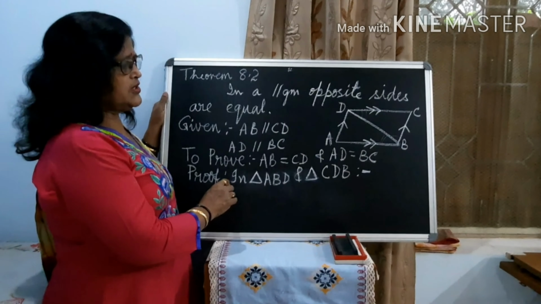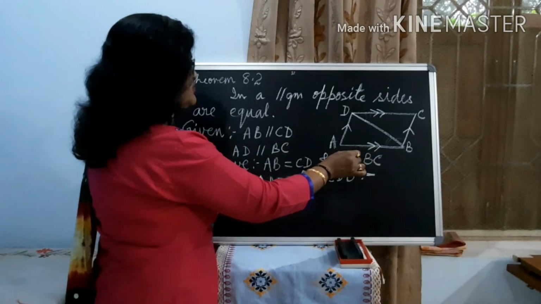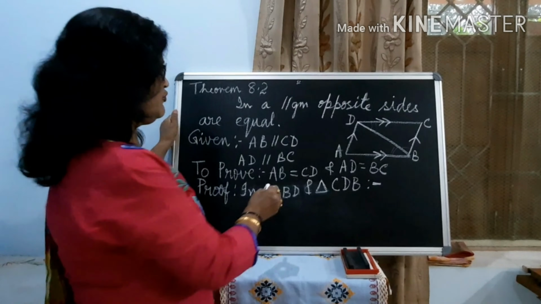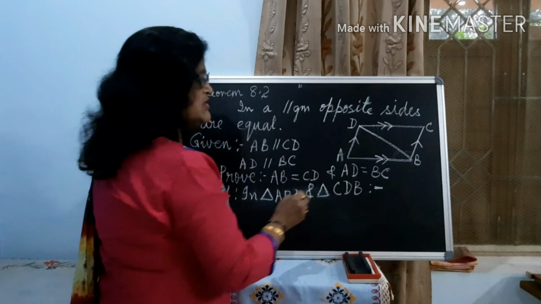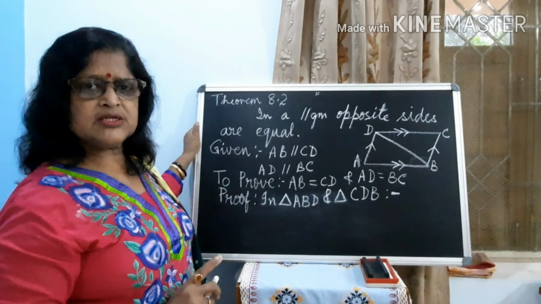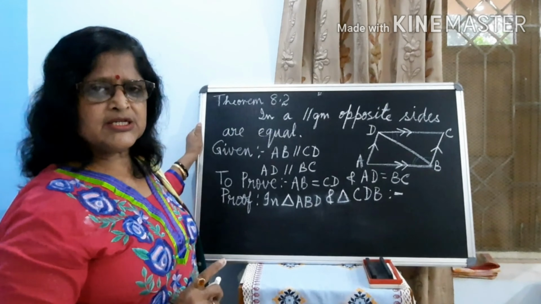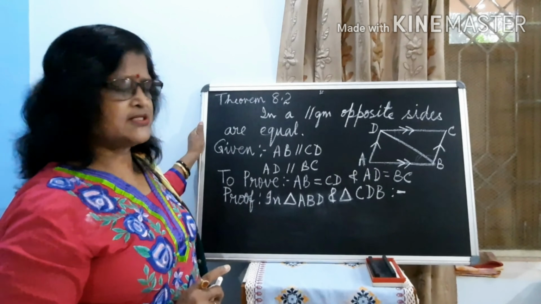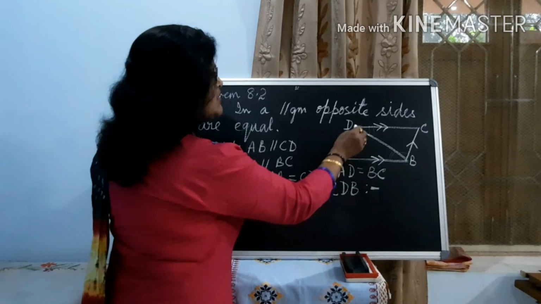Now for that, children, if you want to prove the opposite sides to be equal, if parallels are given, we have to prove these two triangles to be congruent. For congruency, we have to go for any criteria like SSS or ASA or SAS. Now let us find out in these two triangles what's given to us.